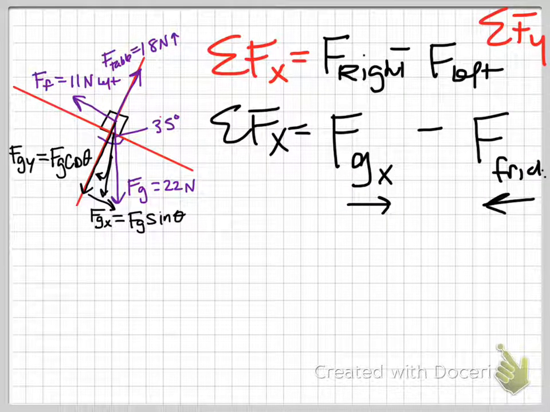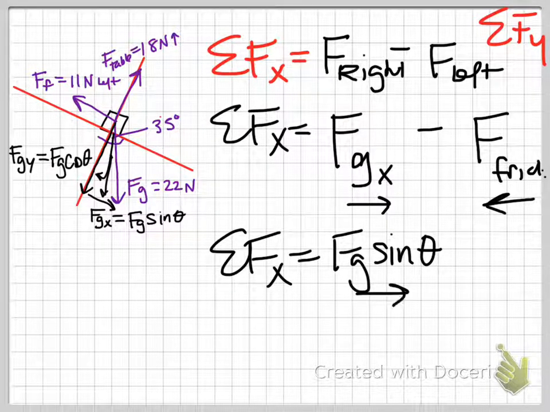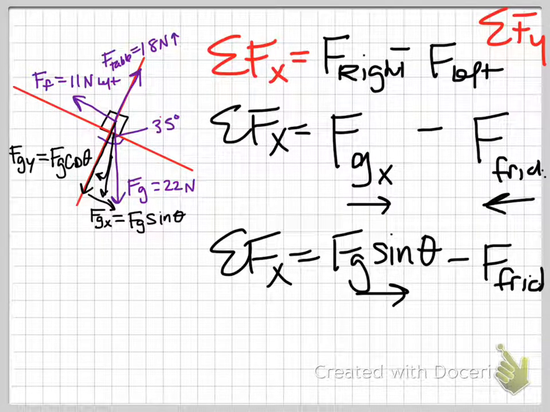Yeah, and we can also use designations like forces up the table, forces down the table. We do that a lot because we have a lot of hill problems here. Okay, so what do I have? I got F_G sine theta, and that's going in that direction, minus F friction.